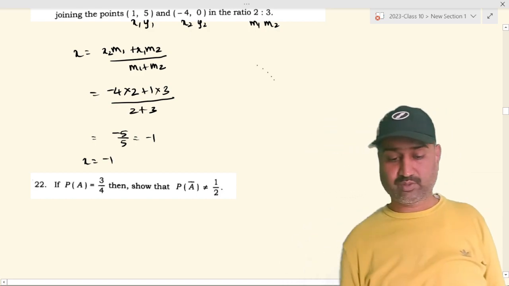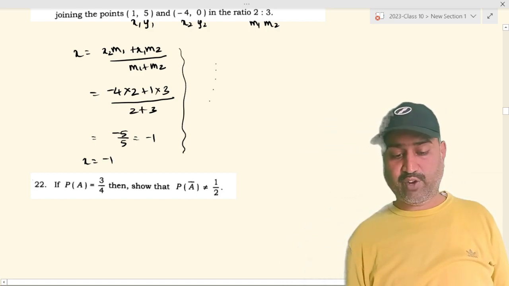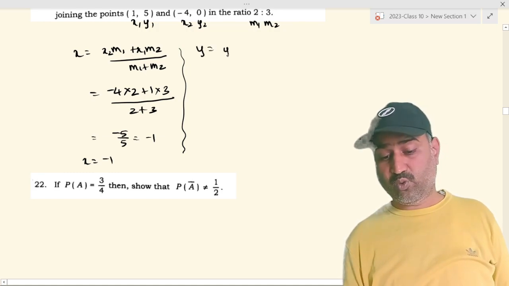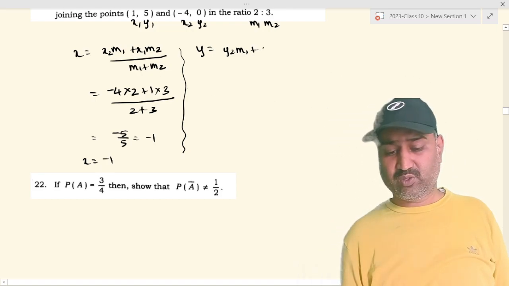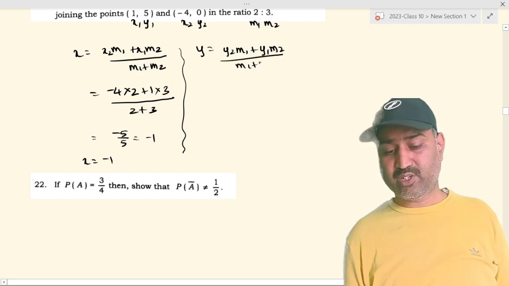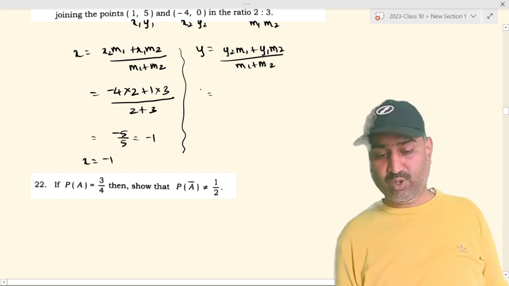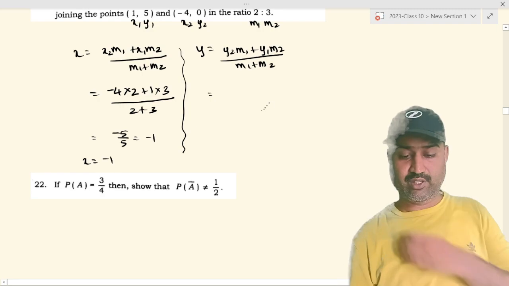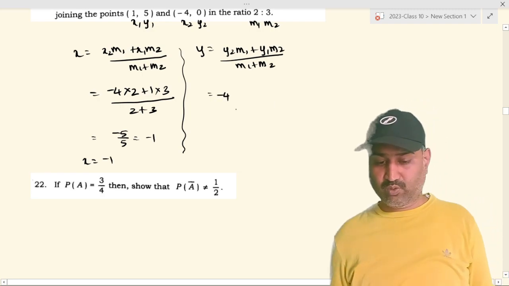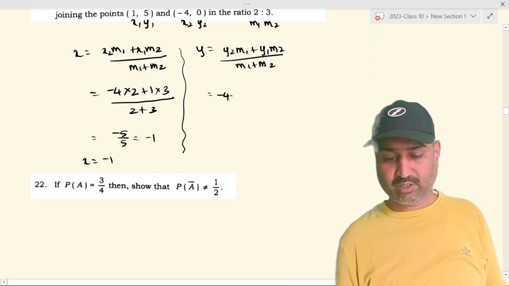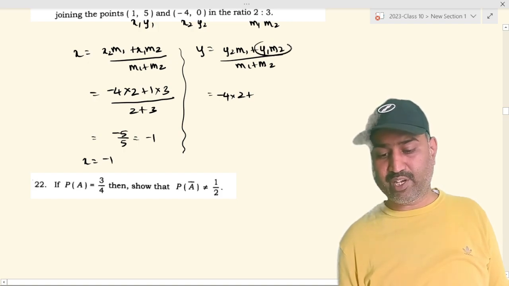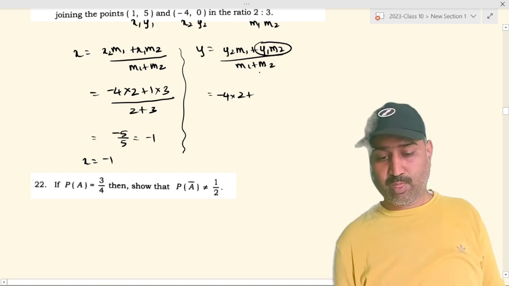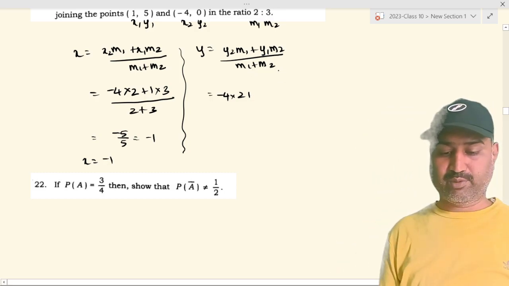Very easy question. Next step, we have to find y here. Y is equal to y2 into m1, plus y1 into m2, divided by m1 plus m2. Wherever x is here, replace with y. Now y2 is minus 4 into m1, which is 2, plus this term becomes 0 since y1 is, sorry, there is a mistake here.